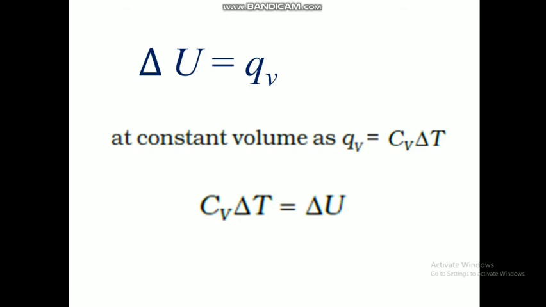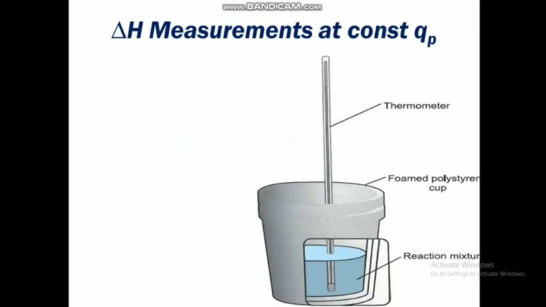And next, when constant pressure is maintained, we will measure delta H, the change in enthalpy. This also is calorimetry, but in this case we need a simpler apparatus than that of the bomb calorimeter. In the bomb calorimeter we had a sealed container, and inside that again a sealed steel container.